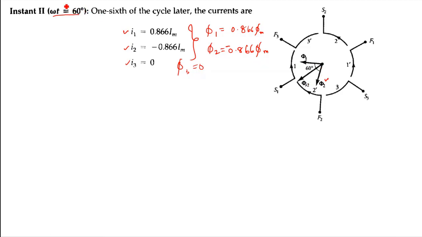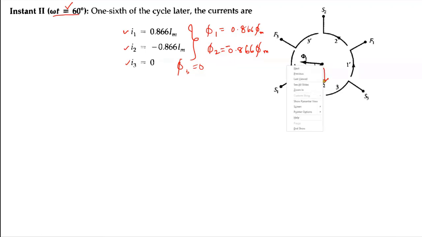That means when we take the instant when omega t equals 0 and then evaluate the resultant flux at omega t equal to 60 degree, the resultant flux is also rotating.